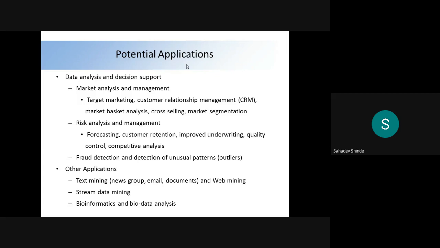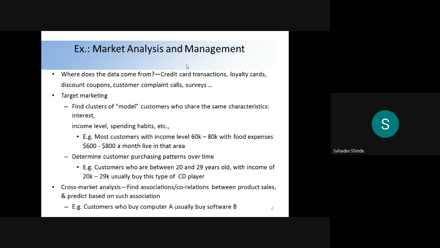So these are the major applications of data mining techniques here. Okay, so we will move to the next slide. The next slide is about market analysis and management. How exactly is market analysis done? You can see here some examples of market analysis.